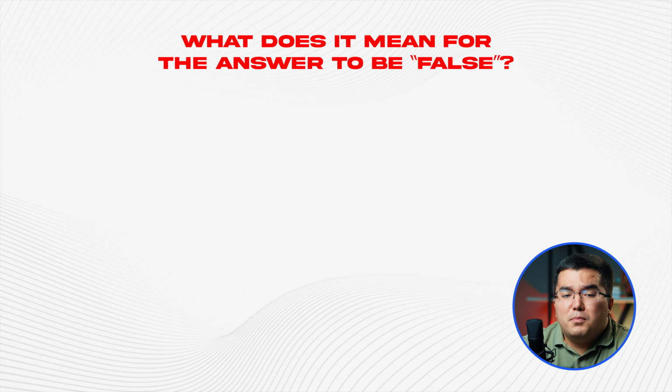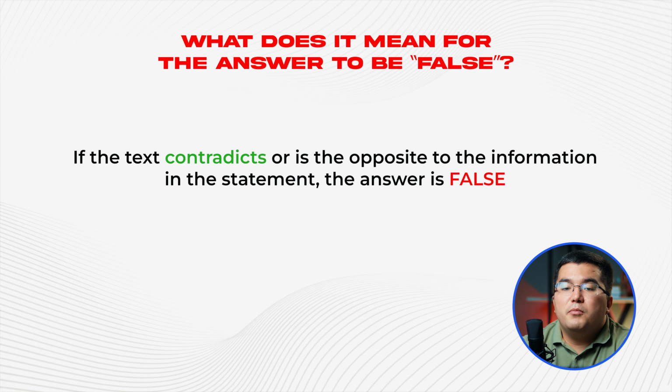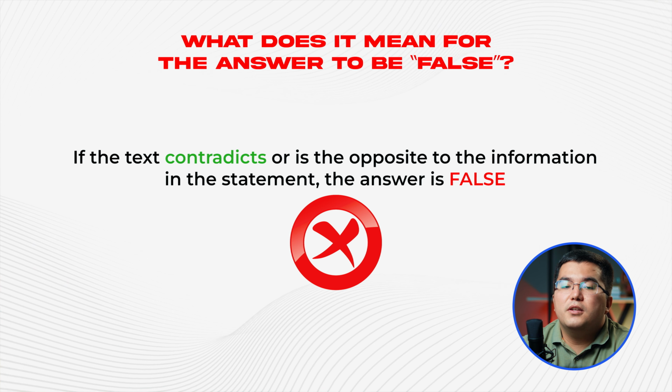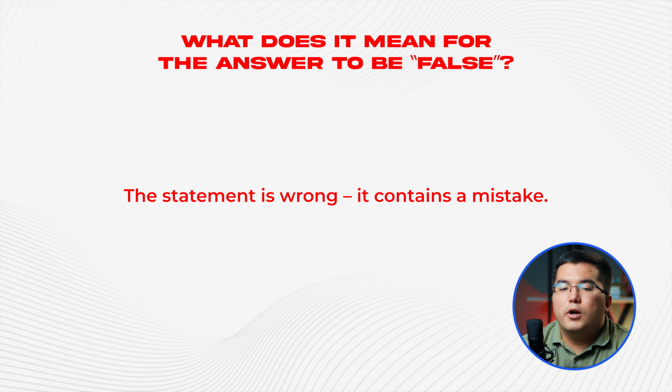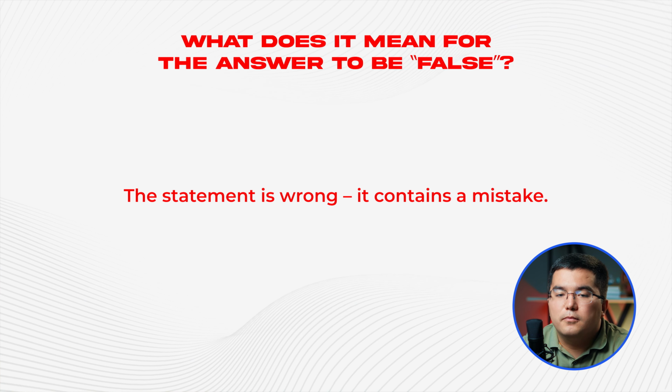Now, what does it mean for the answer to be false? Look, basically speaking, we have two types of false. We have a false when the information given in the passage is opposite to the information in the statement. And we have the second type of false when, according to the text, the statement contains a mistake.